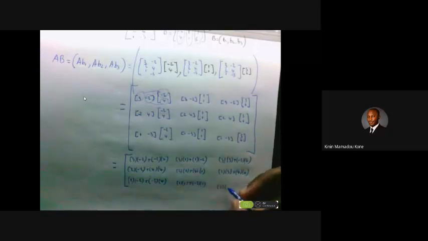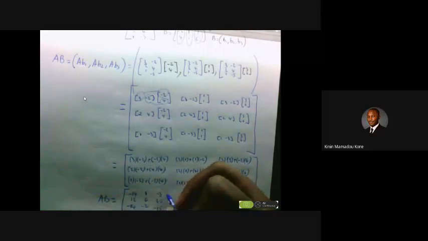And 1 times 3 plus negative 3 times 6. So if you do the calculation, you also get AB equals negative 14, 12, negative 14, 1, 6, negative 2, negative 3, 30, and negative 15.